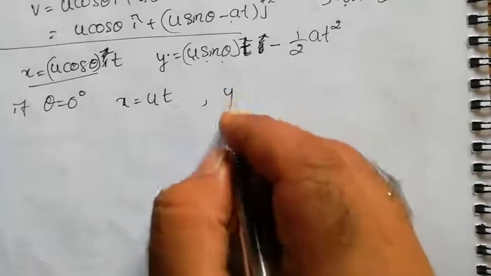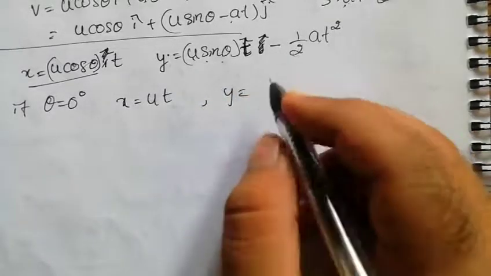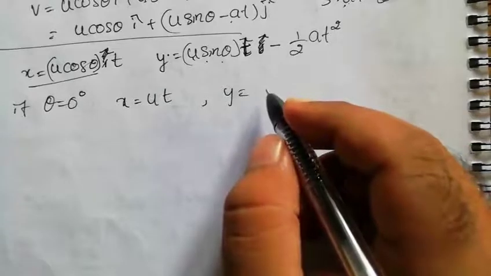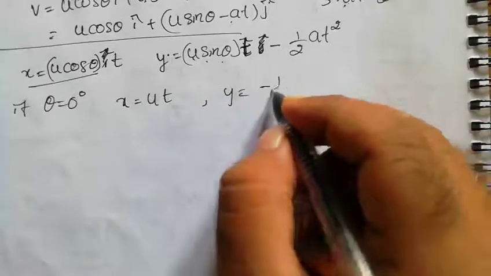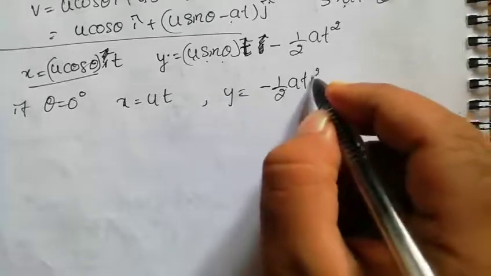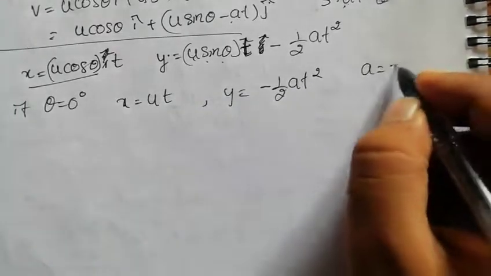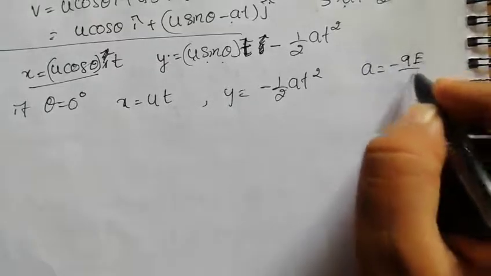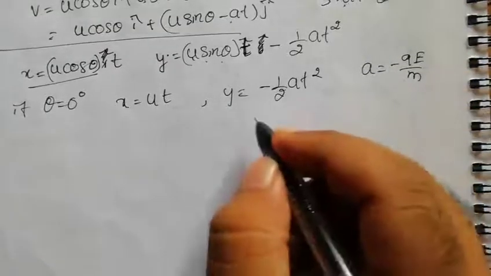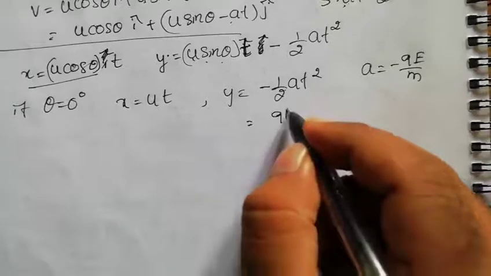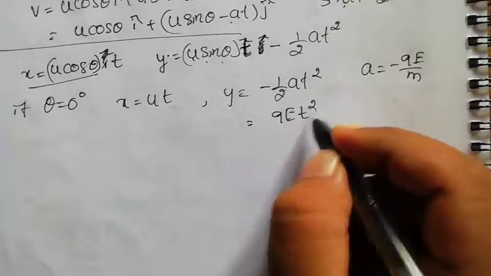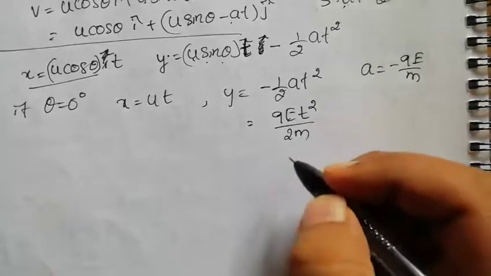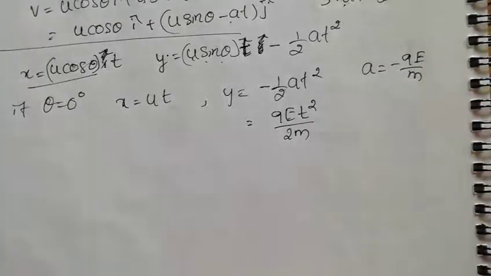So you get y equals, as magnitude, minus 1 by 2 a t square. Then what is the value of a? Minus q into E by m. So inserting this value, you get q into E into t square by 2m.